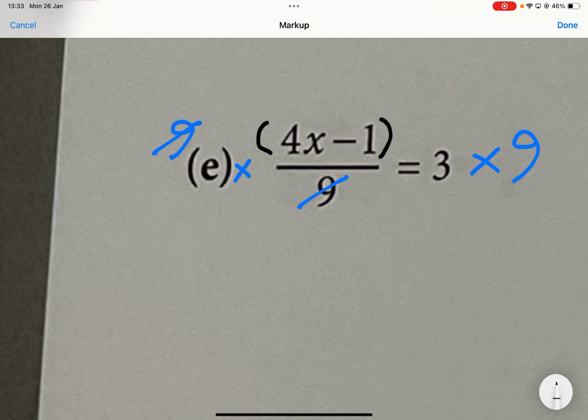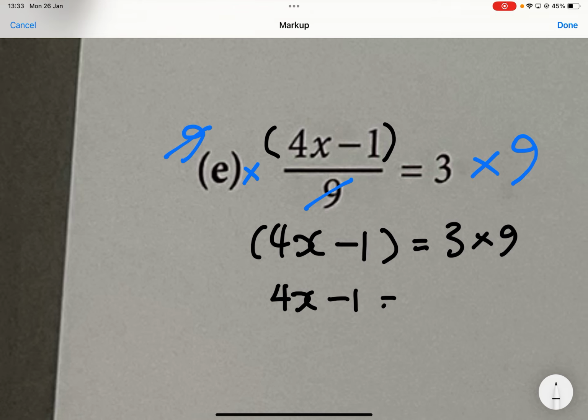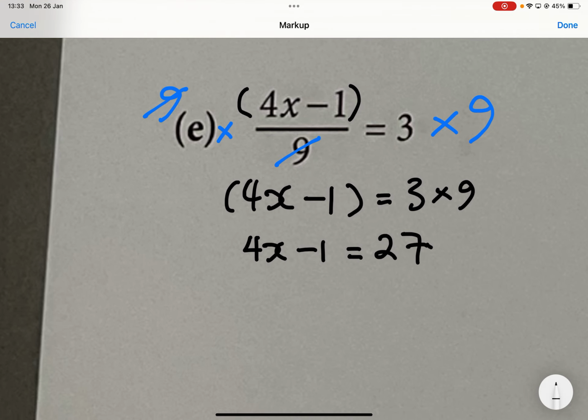Then my left hand side, 9 and 9 cancel, disappear already. I am left with my 4x minus 1. The other side, I have 3 times 9. Now, outside this bracket, it is no longer a numerator. I no longer multiply or add anything, so I can just open up the bracket already. 3 times 9, 27.